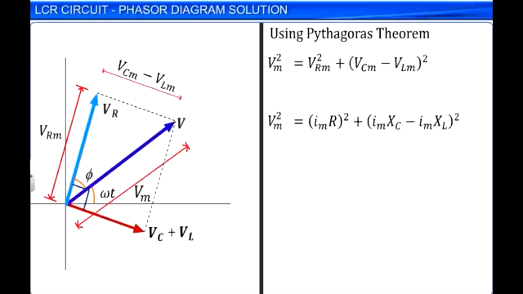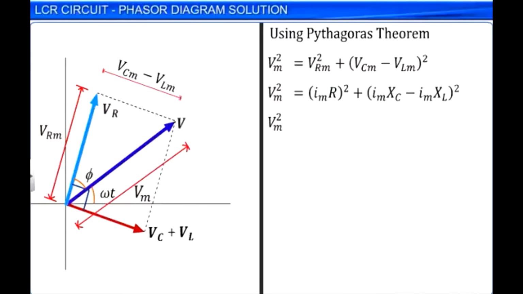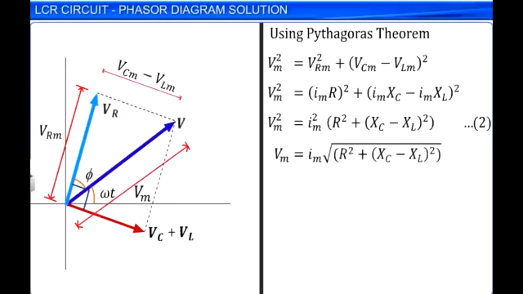Vm square is equal to Im square into R square plus (Xc minus XL) square. Let this be equation 2. Or we have Vm equal to Im into under root R square plus (Xc minus XL) square. Now, we have Im equal to Vm by under root R square plus (Xc minus XL) square, which is equal to Vm by Z. Let this be equation 3.